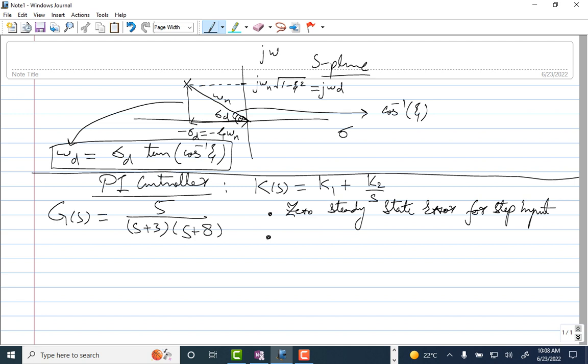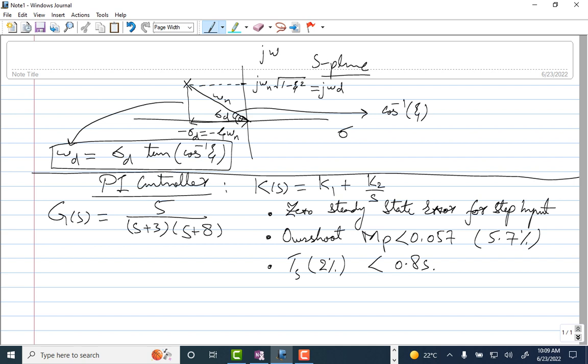The next one is overshoot, and they ask that overshoot Mp is less than 0.057, or in other terms 5.7%. The last criterion is settling time: if I consider the 2% criterion, it must be less than 0.8 second.